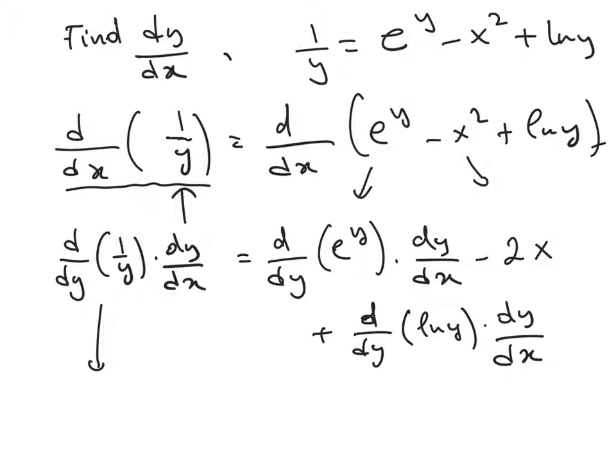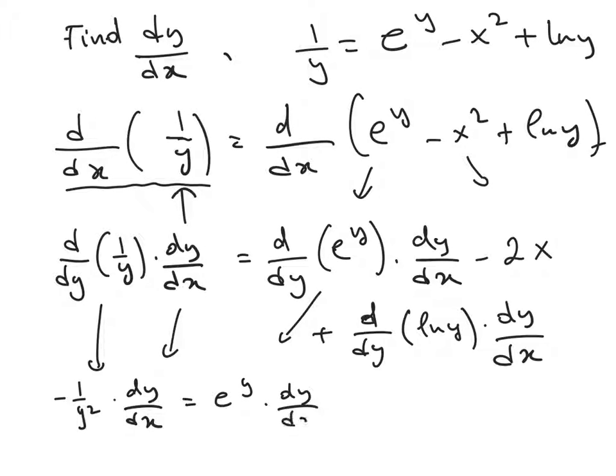So this term will give minus 1 over y squared multiplied by dy over dx, equal to, this term here gives e to the y times dy over dx, plus 2x, plus this term here gives 1 over y dy over dx.